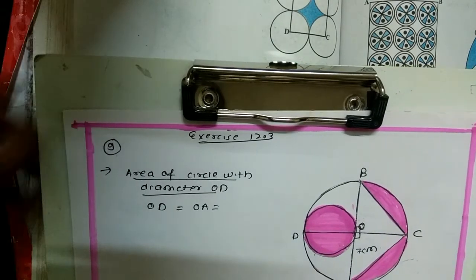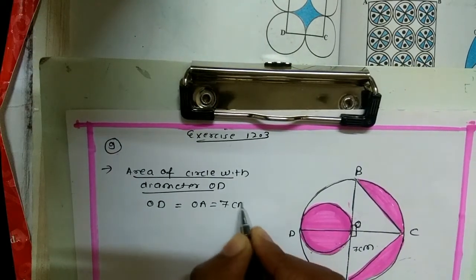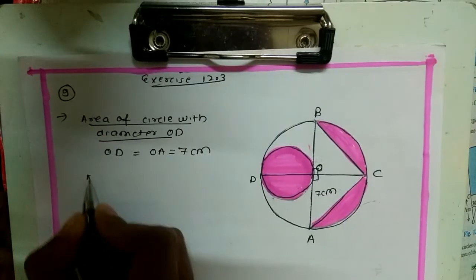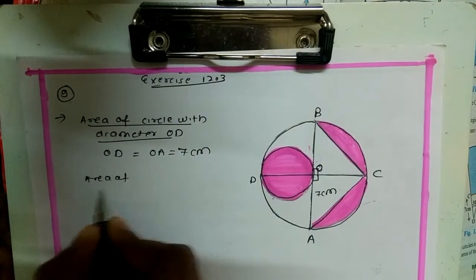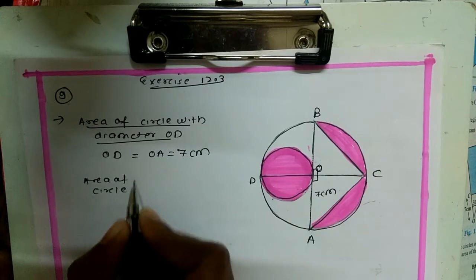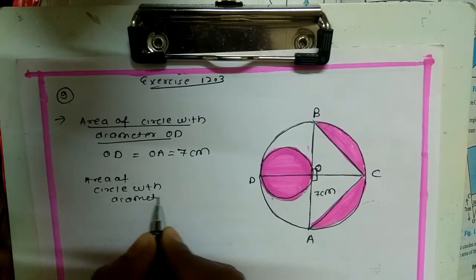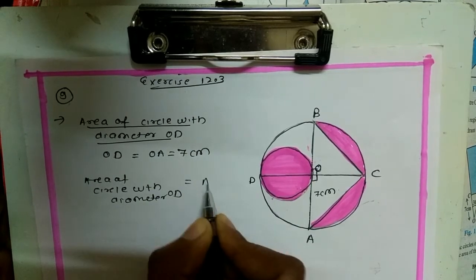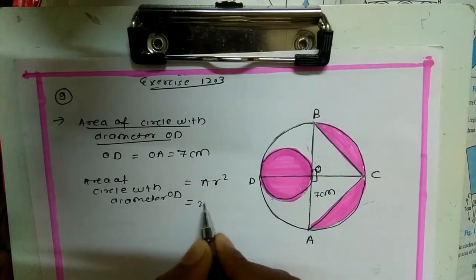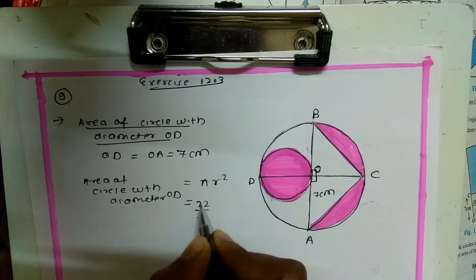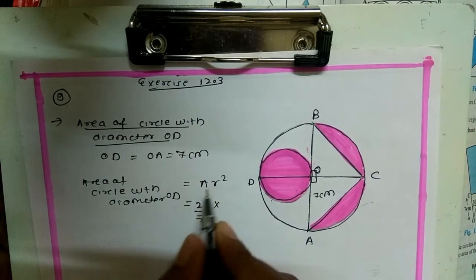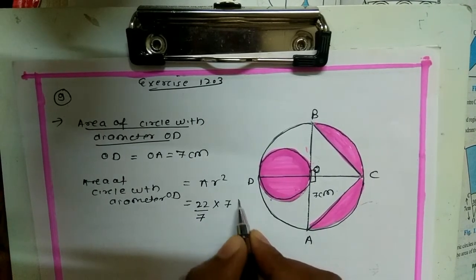That is given, 7 cm. So the area of the circle with diameter OD is equal to pi r square. Pi is given at the start as 22 by 7, into r square. So r is 7 here, 7 into 7.